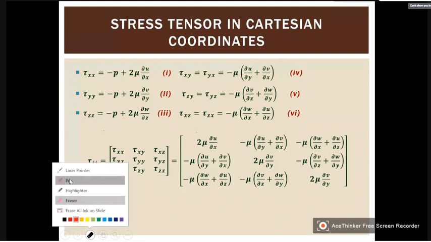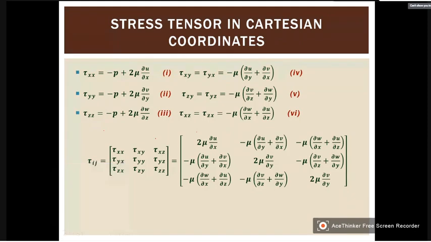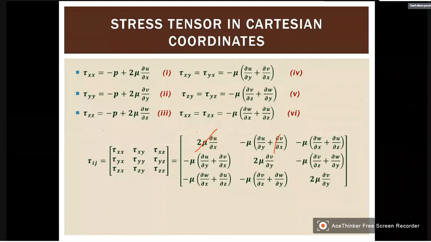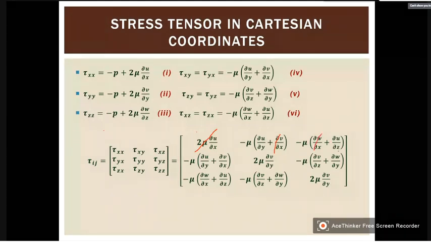This is 0. And what is dou v by dou x? Dou v by dou x also is 0. And this is 0. This is 0.